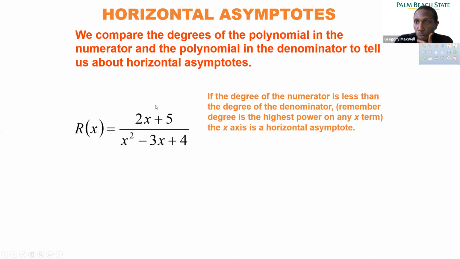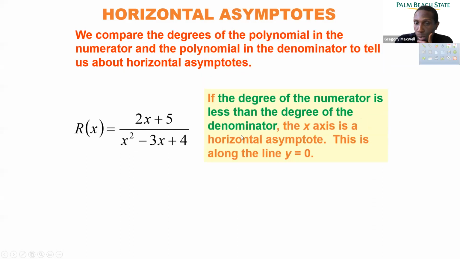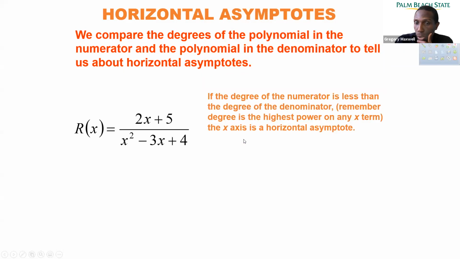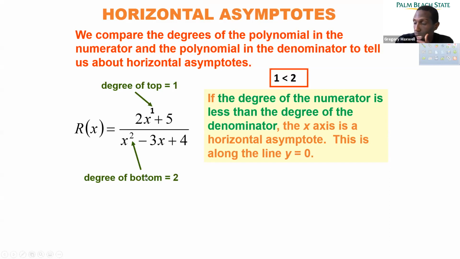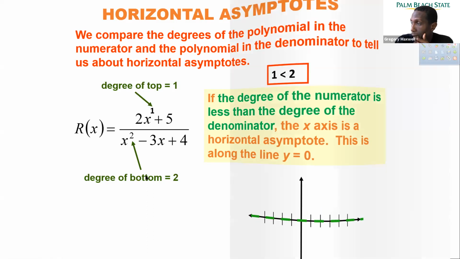So if you have a rational function where the degree of the numerator is smaller than the degree of the denominator, then the x-axis will be the horizontal asymptote, which means the line y equals 0 is the horizontal asymptote. The degree of the numerator here is 1, the degree of the denominator is 2, which means the horizontal asymptote is y equal to 0, which is the x-axis. The graph levels off at the x-axis.